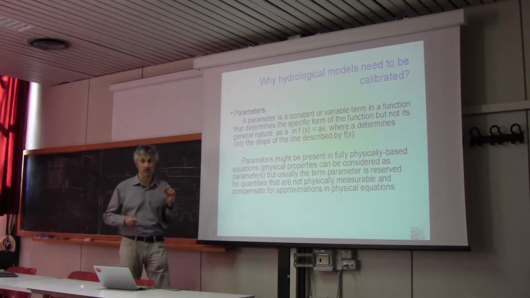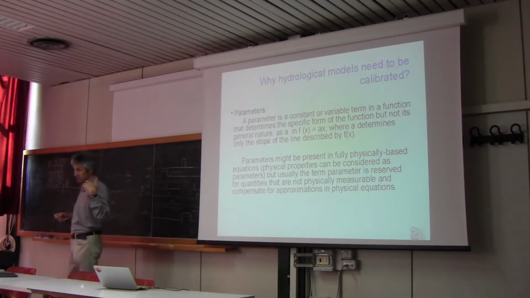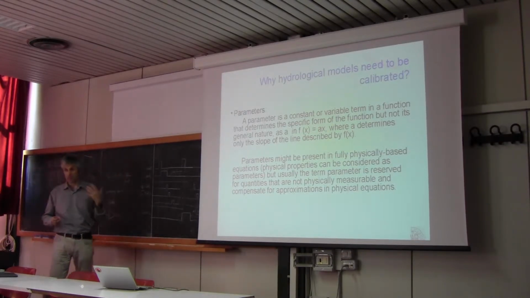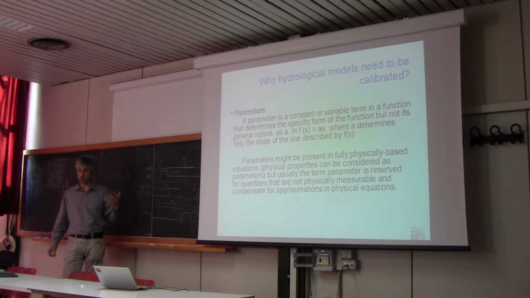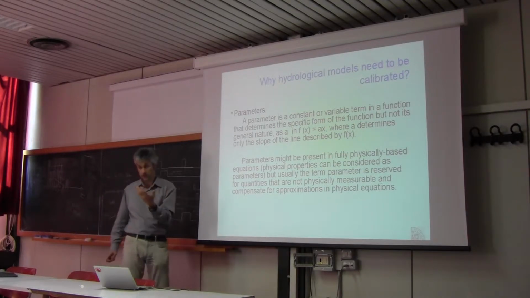This means that parameters can be, in principle, and at least some of them, estimated by physical reasoning. For instance, the roughness can be estimated by physical reasoning. Roughness is scabrezza in Italian, just to be clear.